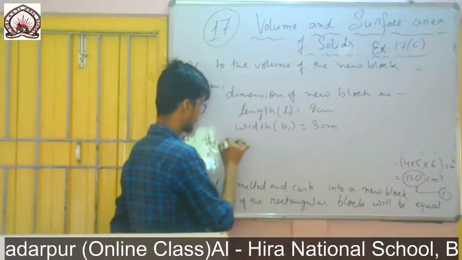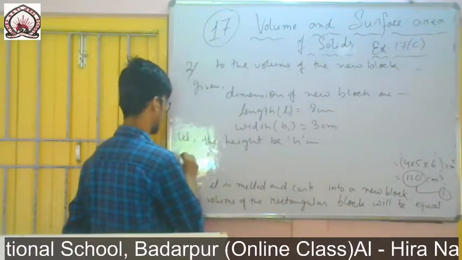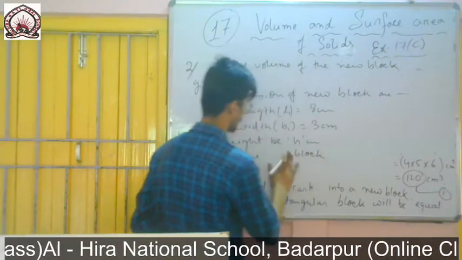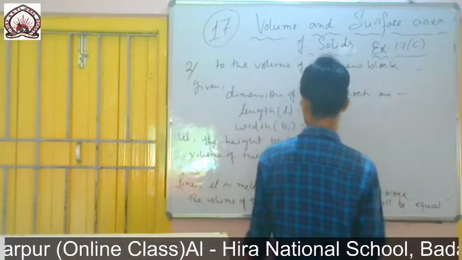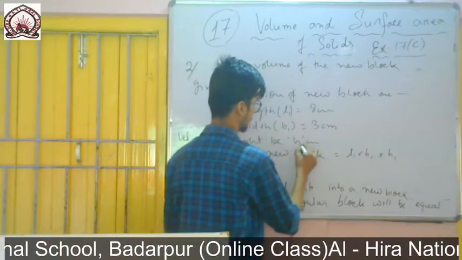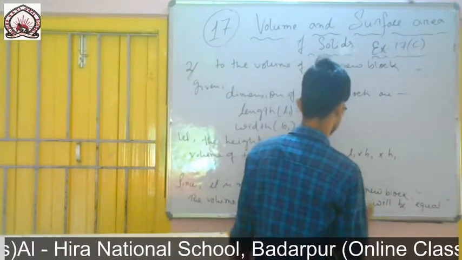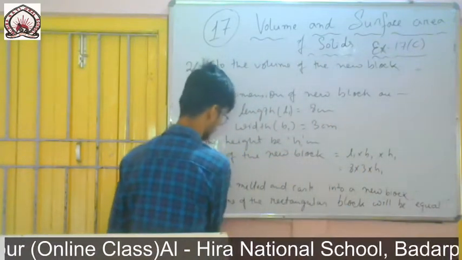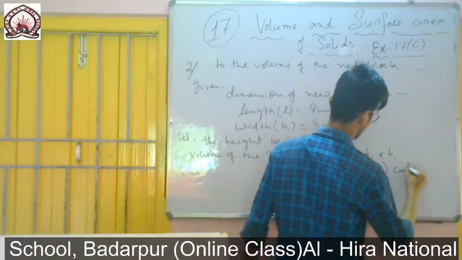So we have length and width, and the question is to find the height. Let the height be H1 centimeter. Therefore the volume of the new block is equal to L1 into B1 into H1, so 8 into 3 into H1 centimeter cube.